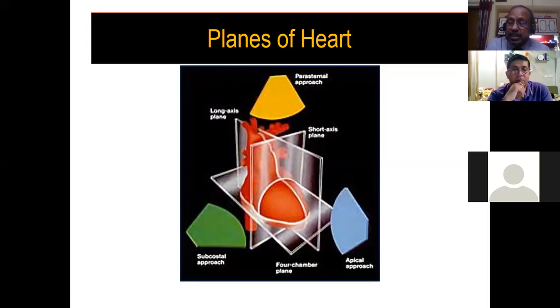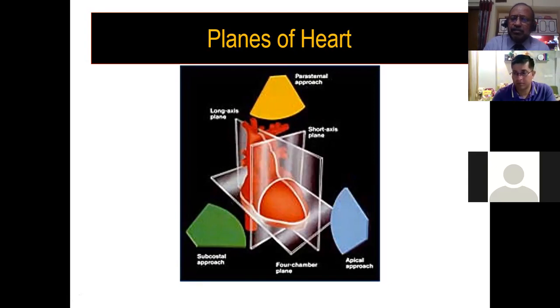So we have to look at the axis by feeling the impulse beat at the apex with our left hand, and wherever the apex beat is, just put the transducer there to look for the apical window. But the crux is we have to be as parallel to the heart as possible. We cannot be perpendicular to the heart. So we have to insinuate our transducer along the line of the heart, as if we are slicing the heart in a slice fashion.